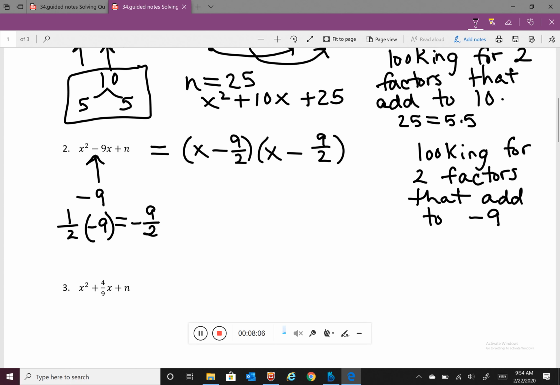And I want to actually show you the full distribution of this to make sure we understand why the negative 9 halves. So if we distribute here, we have x squared minus 9 halves times x minus 9 halves times x, and then plus 9 halves times 9 halves is 81 over 4.